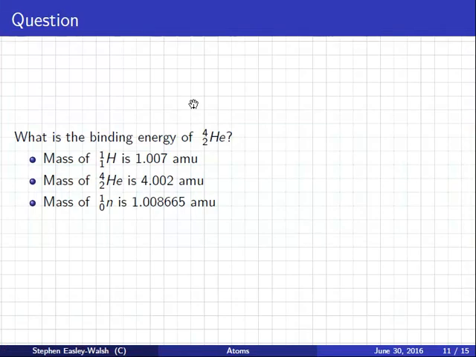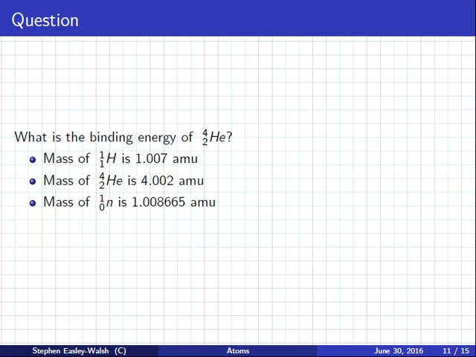Right. This is the two protons and two neutrons. They make an alpha, but there's some missing mass, which we calculated. I just want you to convert that into an energy. I want you to get the binding energy for the alpha.